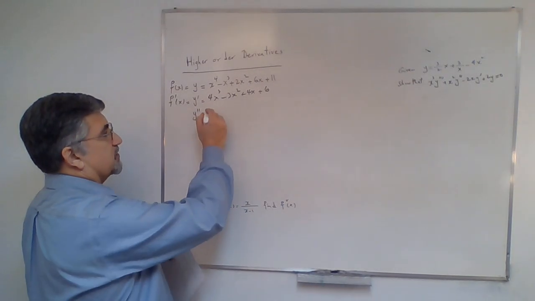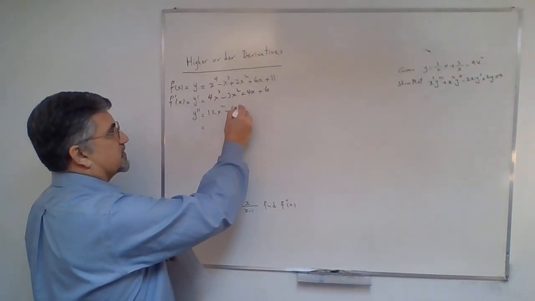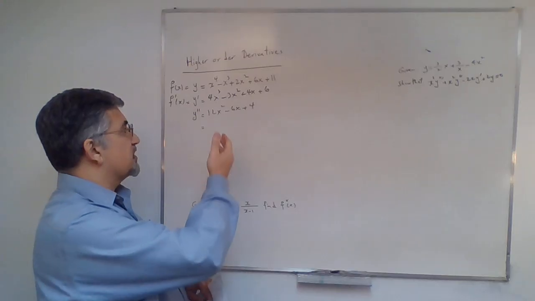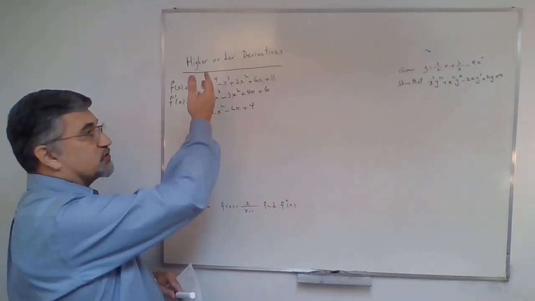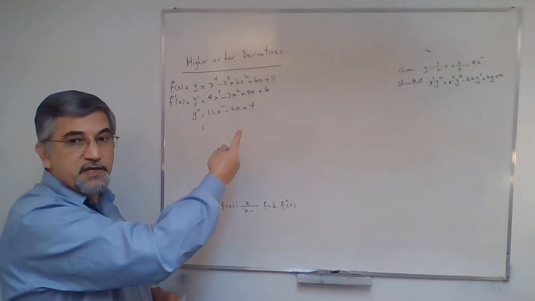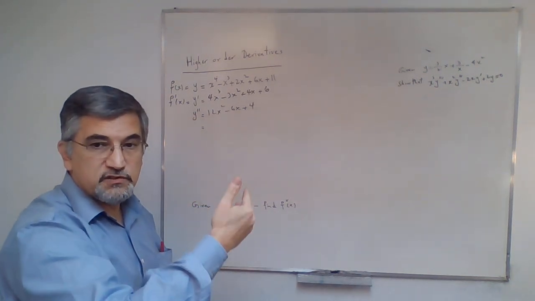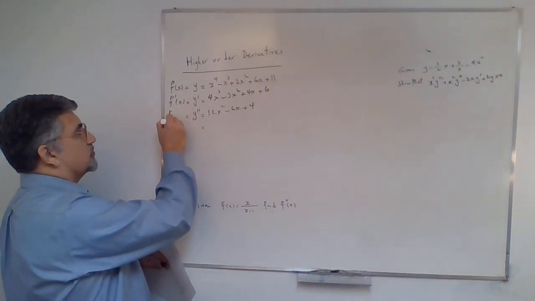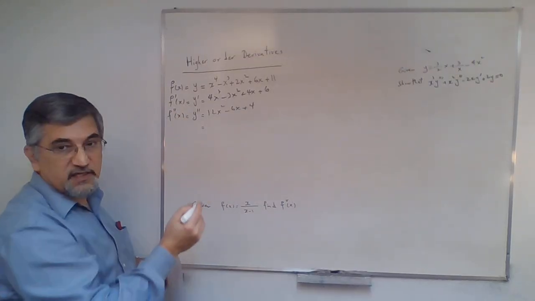So here we get 12x squared minus 6x plus 4. And as you see, the second derivative is becoming quadratic. So originally we had a quartic function whose derivative was a cubic, and now the second derivative is becoming quadratic, obviously. And you can show this with the notation of f double prime of x as well.